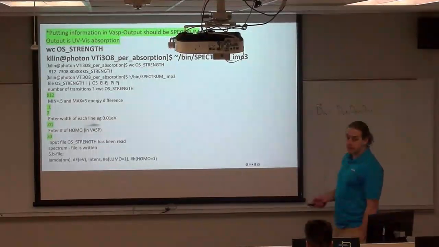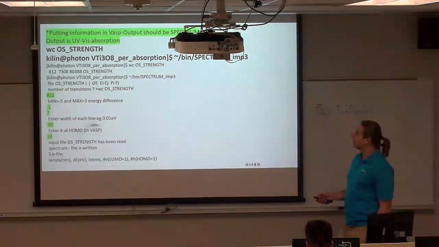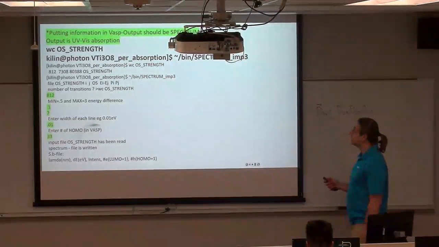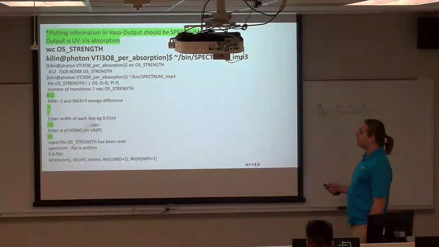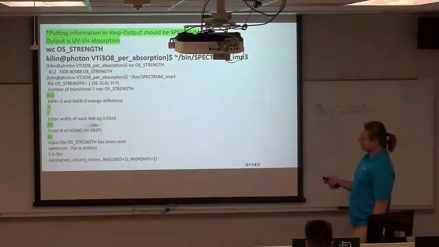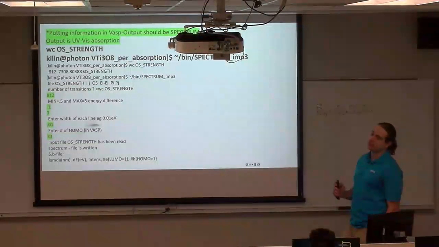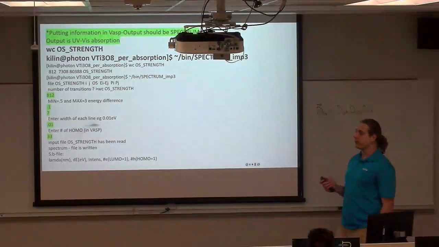Output is UV-vis. I know other people had put this in their PowerPoint as well. We're getting spectrum, and I want to ask, I know we put in these inputs, I was kind of curious why we would care about the word count of OS strength, following the format you had. Because computer is stupid. Okay.